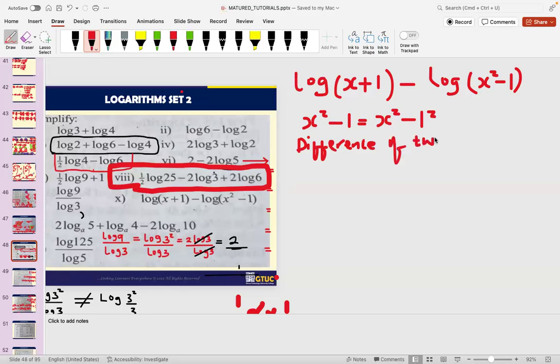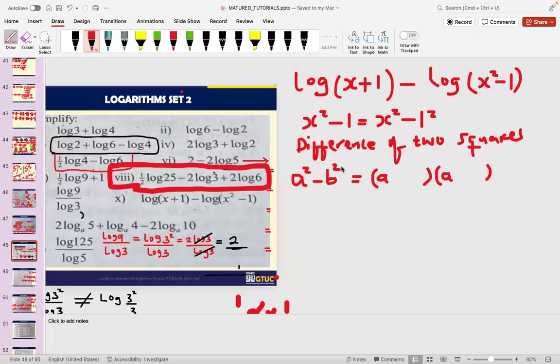We want to apply the difference of two squares to break down this expression. In the difference of two squares, if you have something like a squared minus b squared, you open two brackets, first bracket, second bracket. A squared means write a two times, so you write a here and a here.